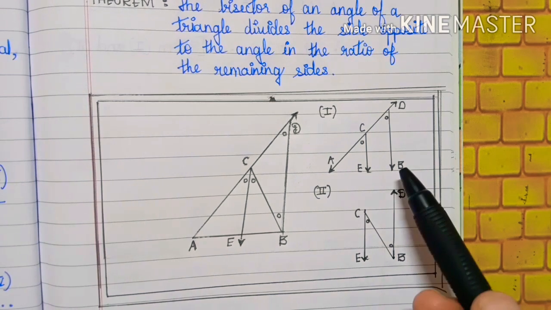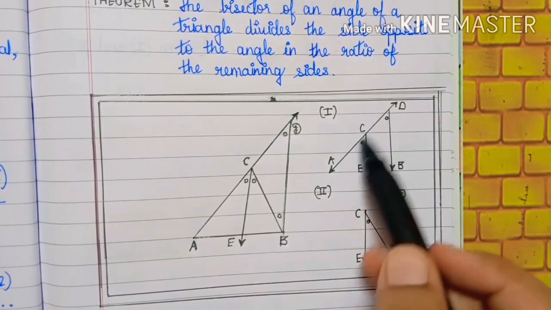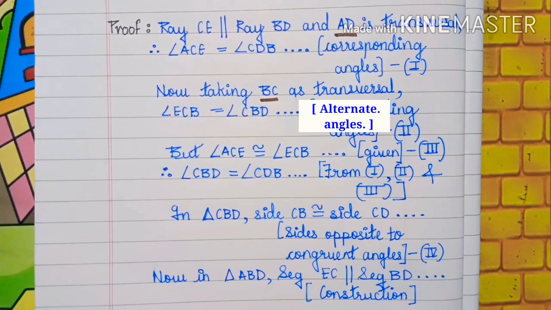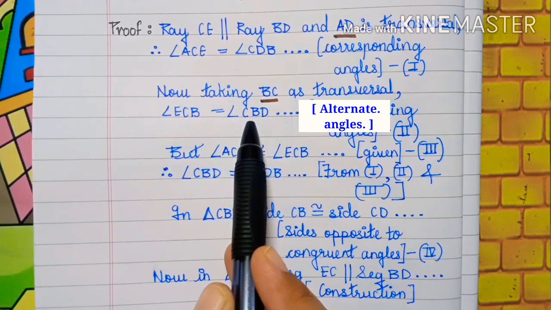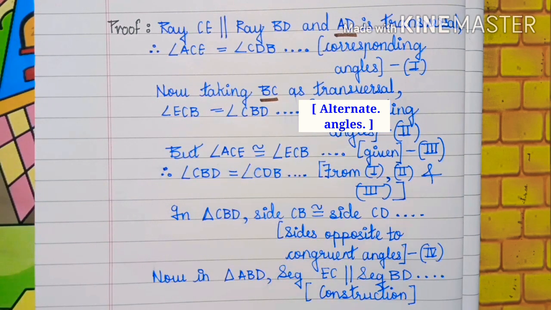And in the first step, we learned that angle ACE and angle CDB are equal because they are corresponding angles. Let us now see the proof. Here in the proof, angle ECB is equal to angle CBD because they are alternate angles, and that is step 2.